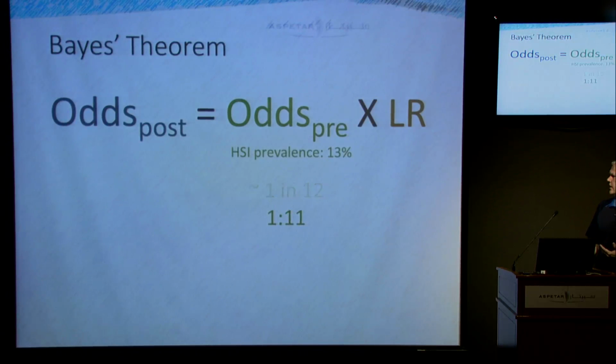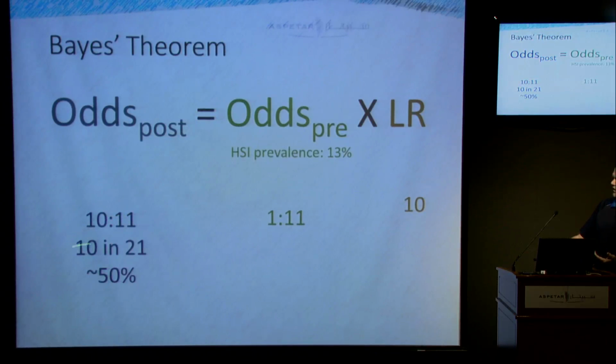If I had some test that had a likelihood ratio of 10, let's say, remember our Bayesian examination said I could get to 100 or 1,000, but if that test had a likelihood of 10, I can now say, and it's positive in this guy, that 10 times 1 becomes 10 compared to 11, so that's now 10 out of 21, so now we think he's about 50% likely of getting it. 50% likely he's not going to get it. We've gone from 1 in 12 to 1 in 2, and that's the way we should be telling the guy in front of us. Not definitely, yes you will, no you won't, because that just never happens.